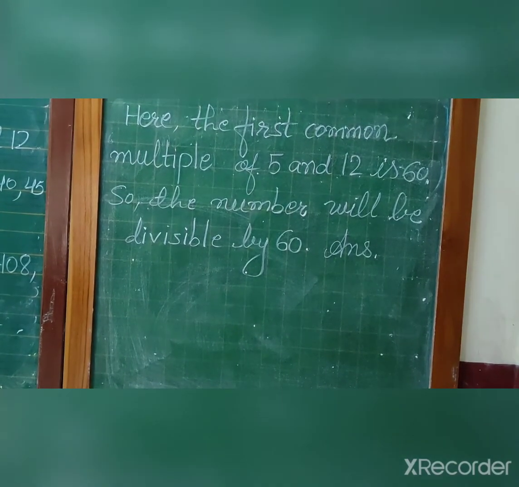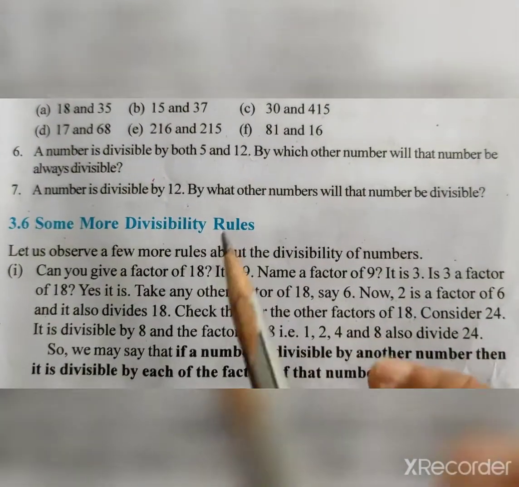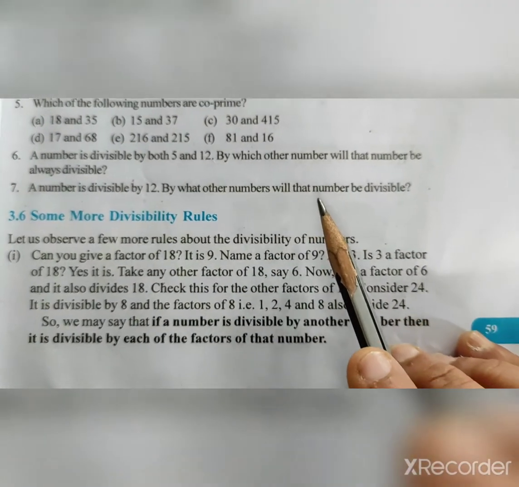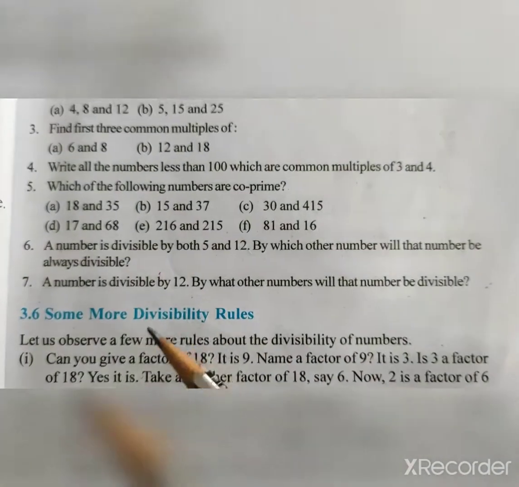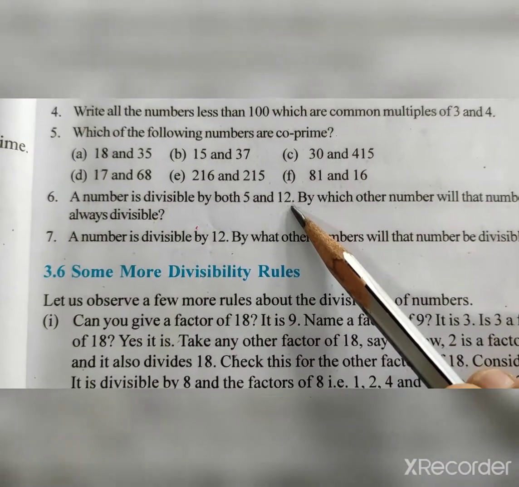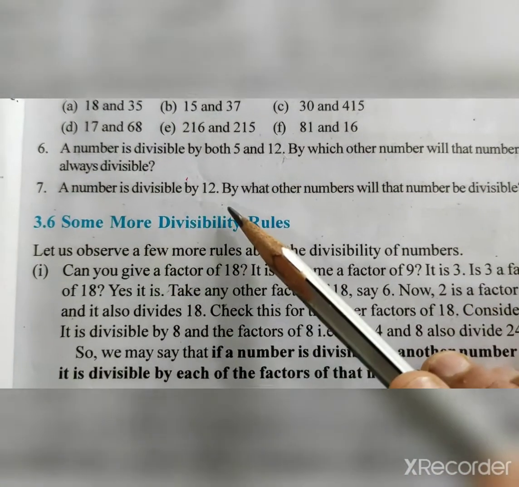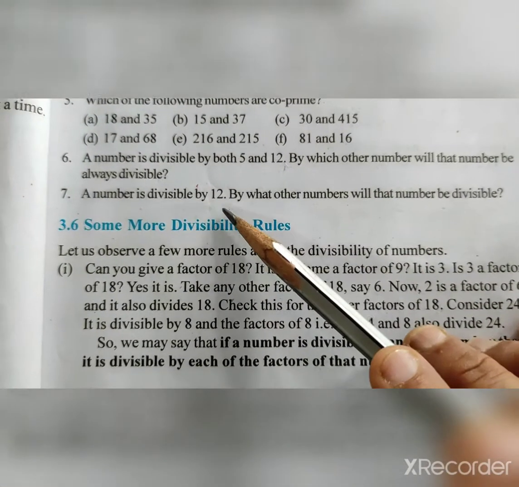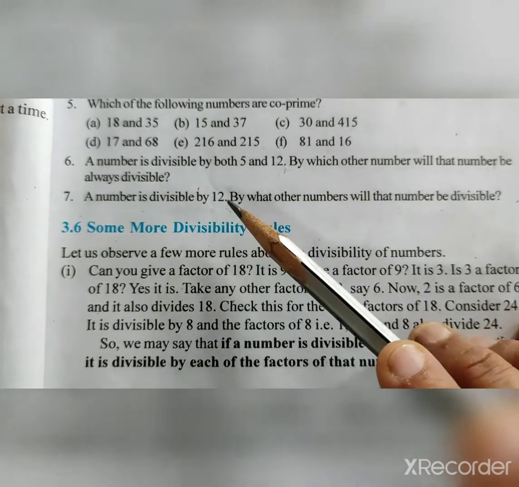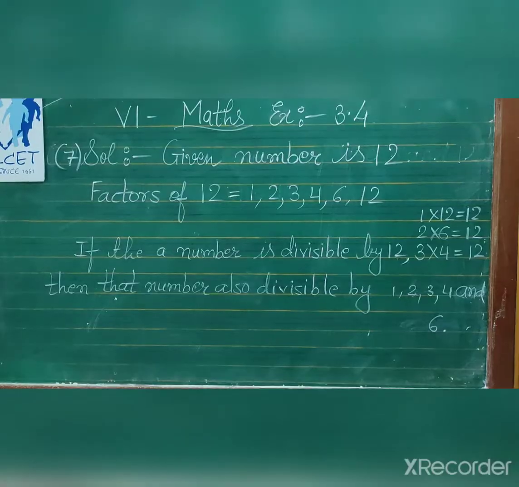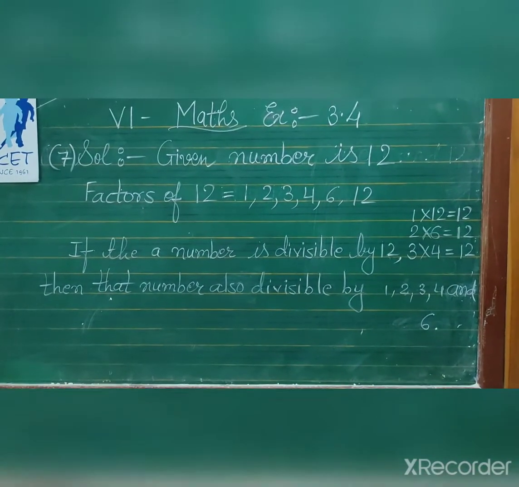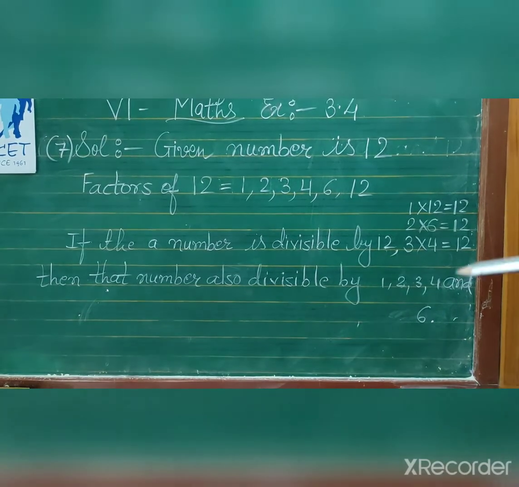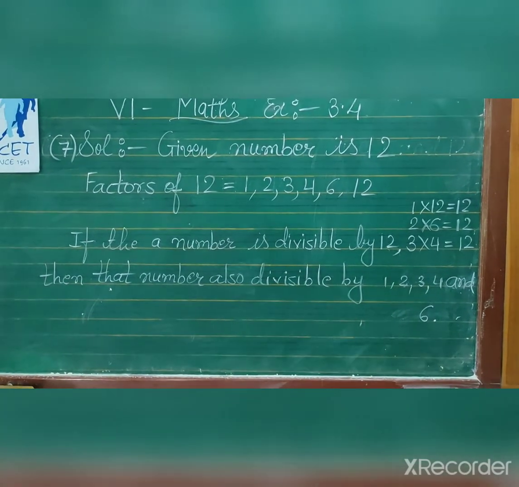Clear? Now in the seventh question: a number is divisible by 12. By what other numbers will the number be divisible? Here two numbers were given, so we calculated multiples, but here one number is given, so we will talk about factors. We will write all the factors of 12: 1 into 12, 2 sixes are 12, 3 fours are 12, so 1, 2, 3, 4, 6, 12.